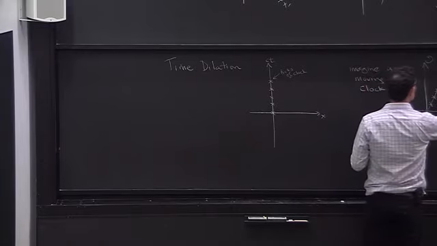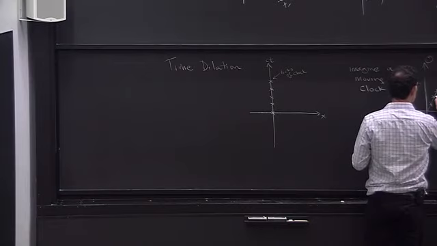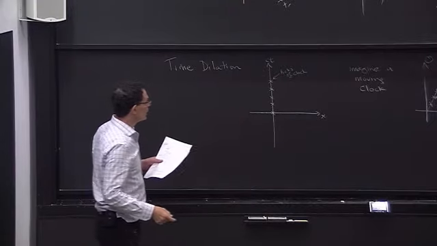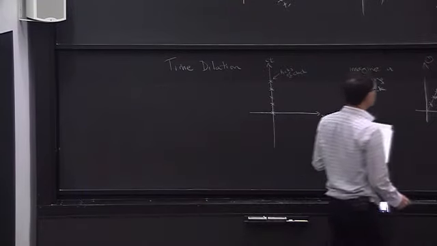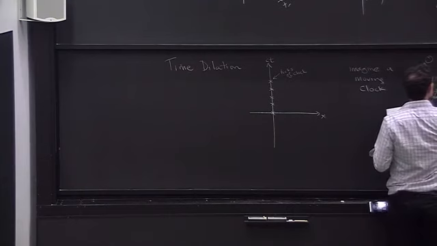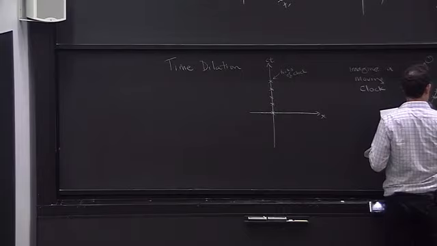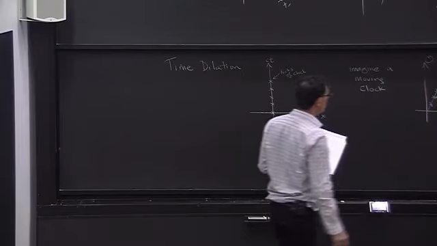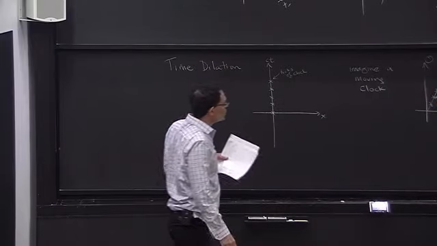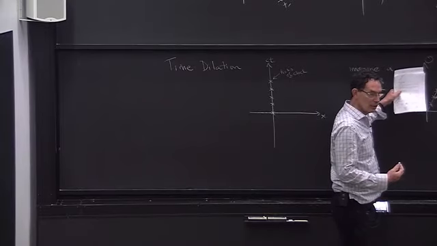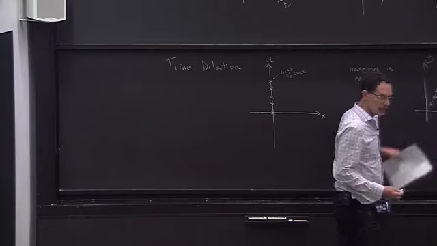And let's assume that the ticks of the clock, according to O prime, are separated by some time t prime. This is really ct prime, so the ticks are separated by ct prime. And then I want to know, according to me, observer O, how far apart are those ticks?